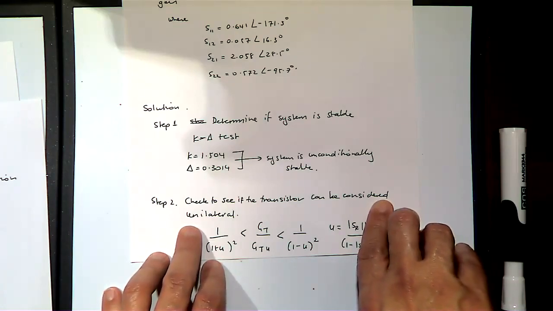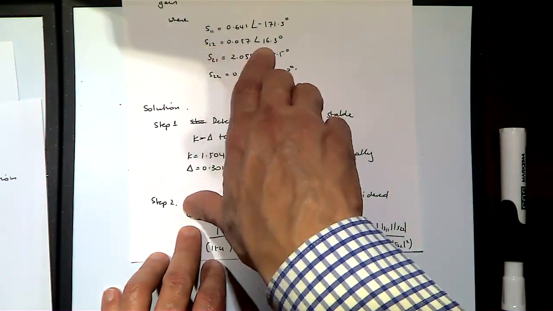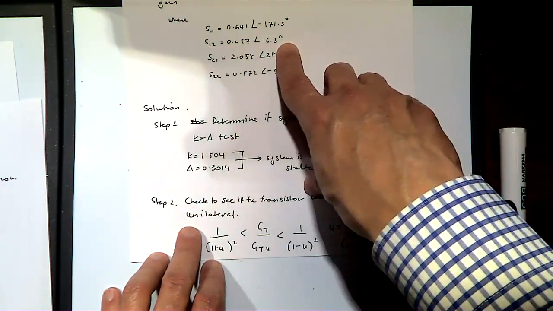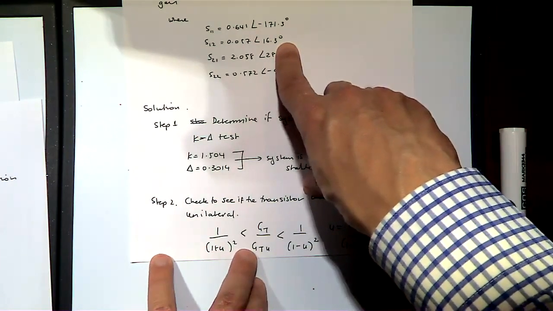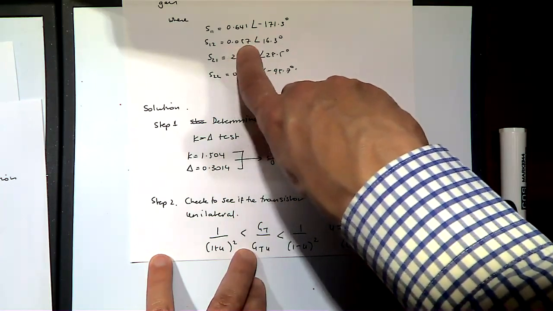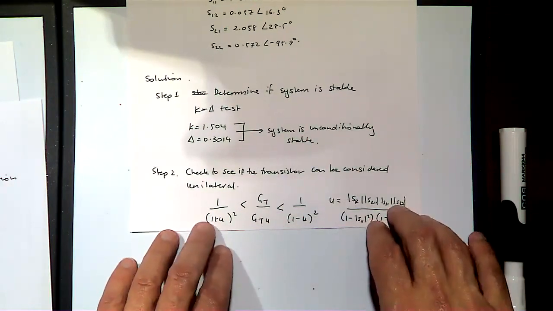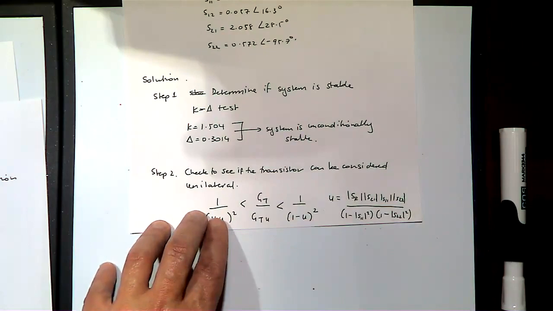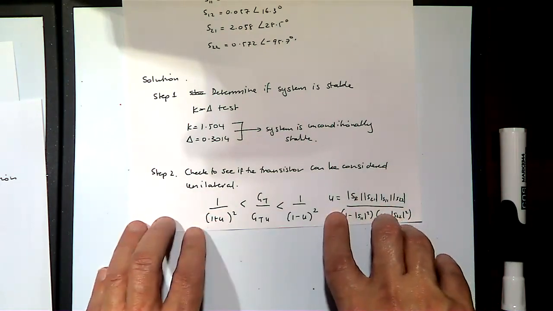Even though in this particular case S12 is small, 0.057, we can't just say it's small and neglect it, because the test is specifically how inaccurate our gain is going to be if we make this approximation.